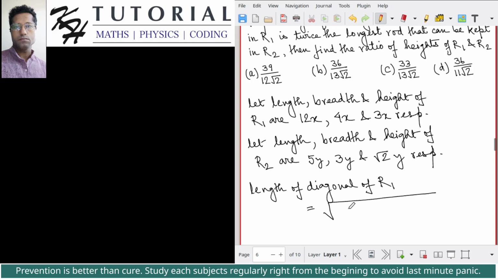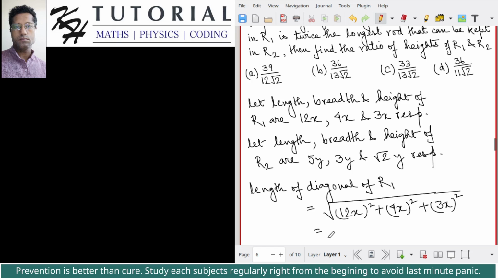For room R1, the length is 12x, so we have (12x)². The breadth is 4x, so we have (4x)², and the height is 3x, so we have (3x)².